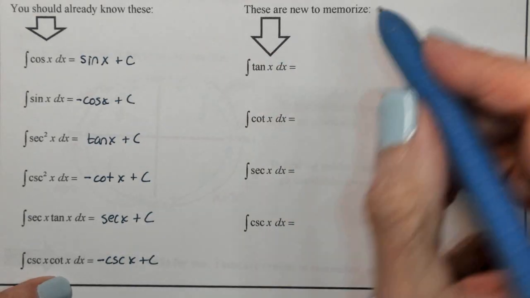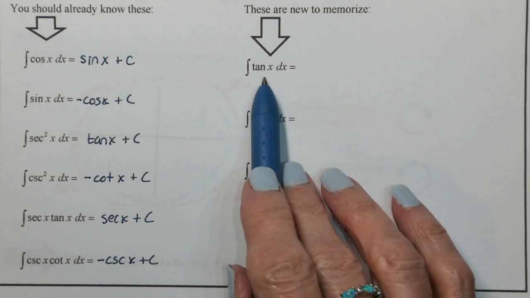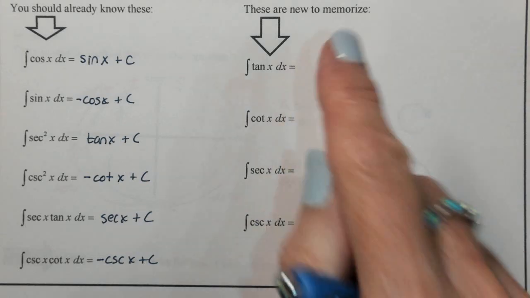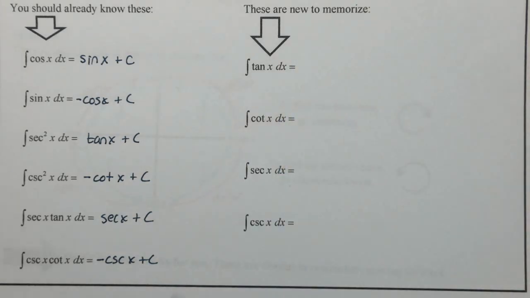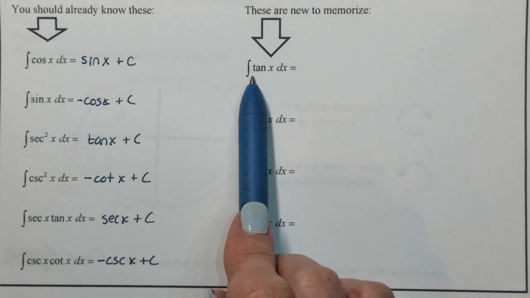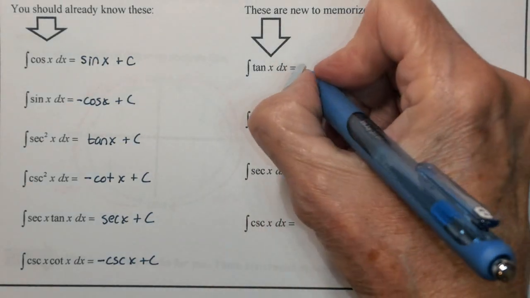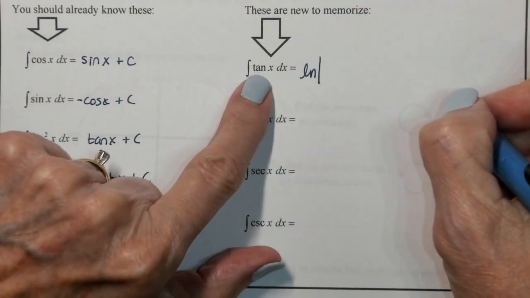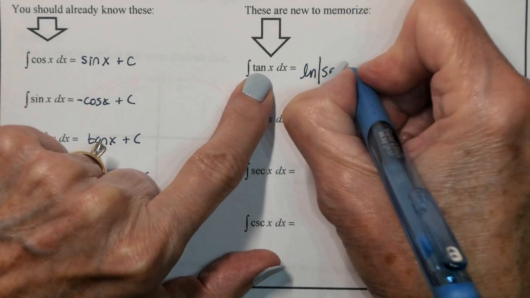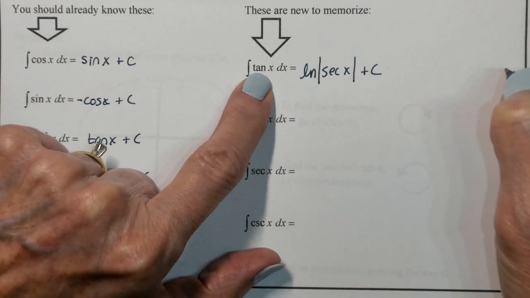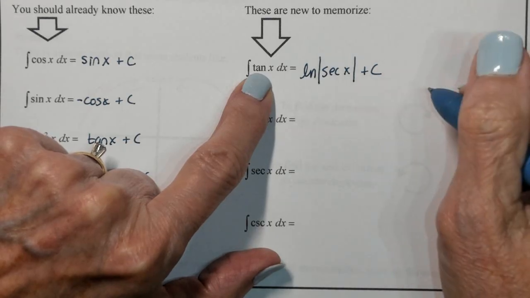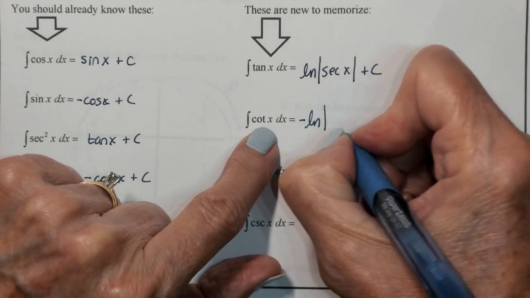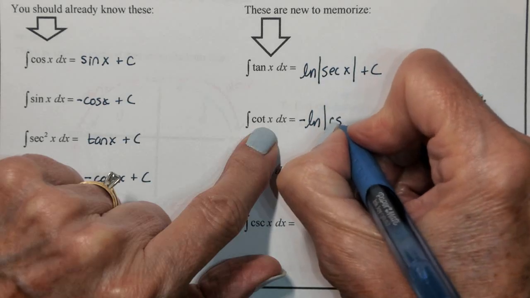Now our new ones. The antiderivative of tangent x. Okay, here's my thought. Offhand, I don't have a memorized derivative of a function that will give me a plain tangent x. So I think this is one of the ln ones. ln absolute value of the friend of tangent is secant. And tangent is not self-centered. It does not need to be there. Then the antiderivative of cotangent: negative ln, replace secant with cosecant.